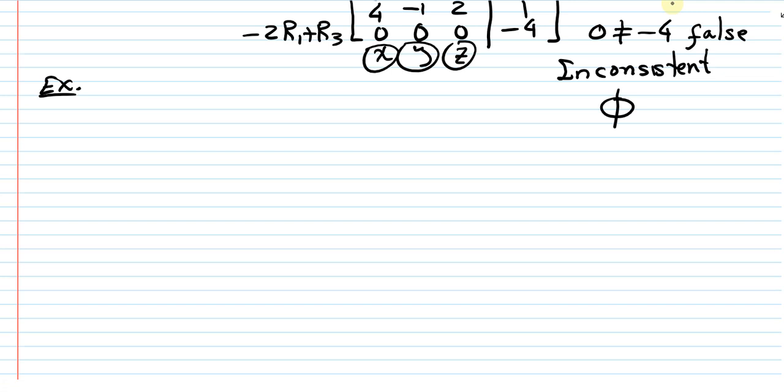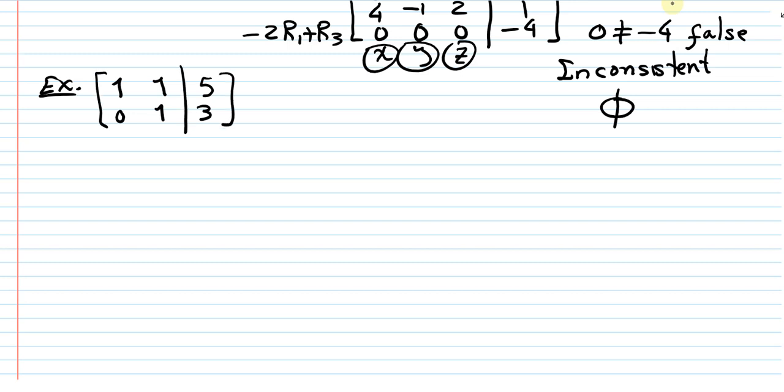And finally, let's do an example of a matrix here. Suppose we want to solve and actually write this in reduced row echelon form. Suppose I'm giving you now the matrix form like that.